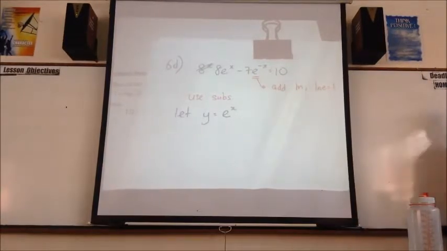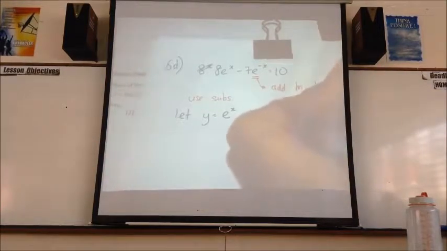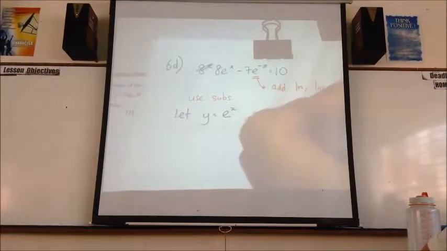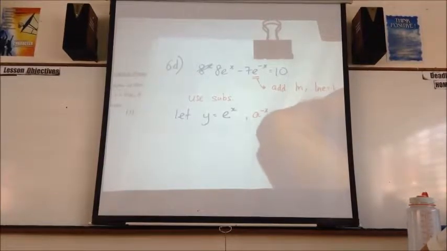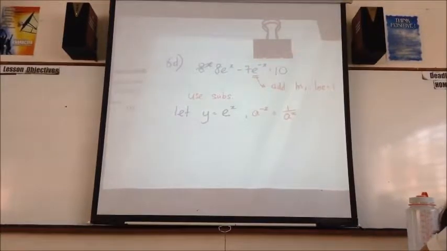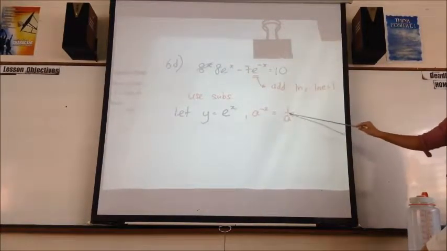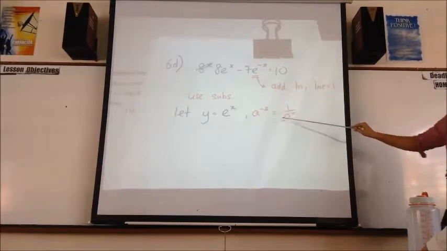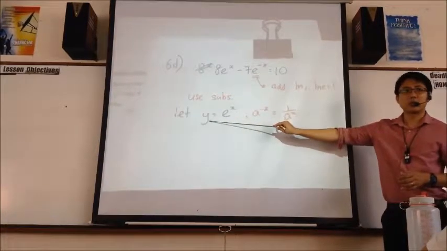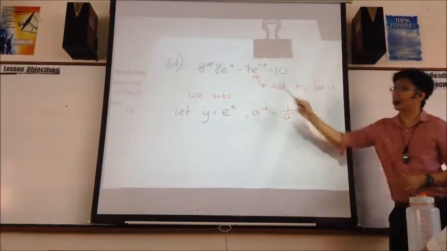So I try and recall: a to the power of minus x is equal to 1 over a^x. Which means if I can write this, isn't this 1 over y? Again, looking at this a^x, I can rewrite this equation.